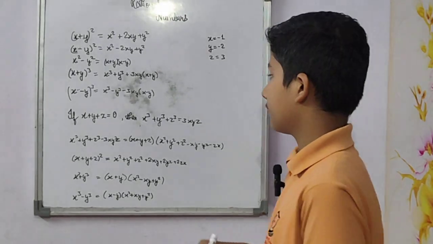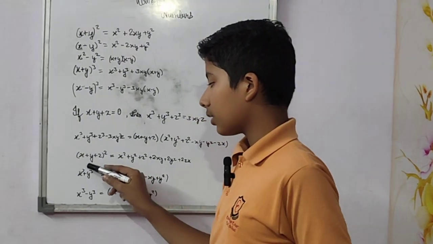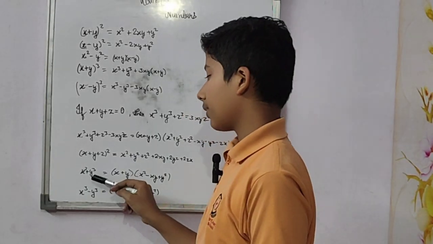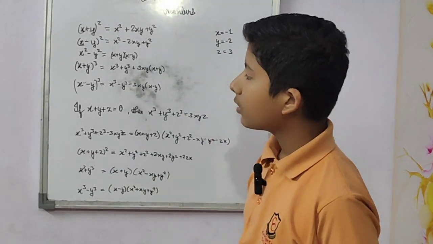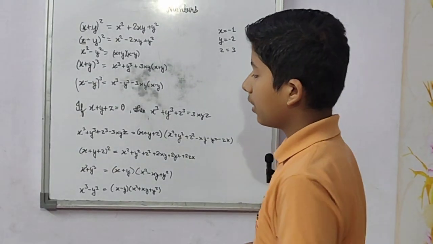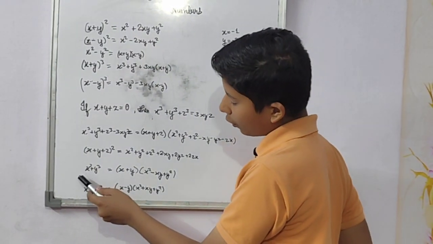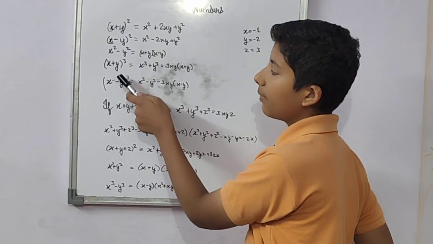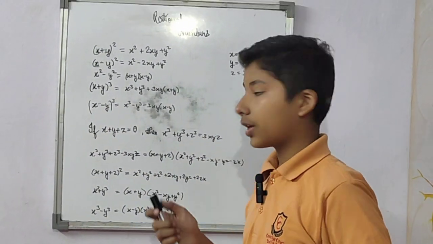Now let's come to our third identity. It is x cube plus y cube. Don't think that these both are the same. They are so much different, because in this we have to cube both of them and then add, but in the other we have to add them and then do its cube.